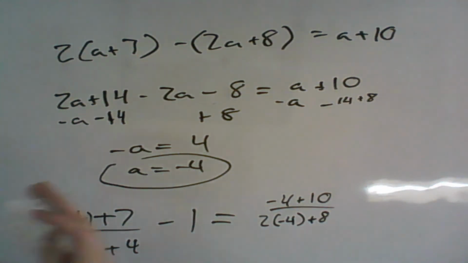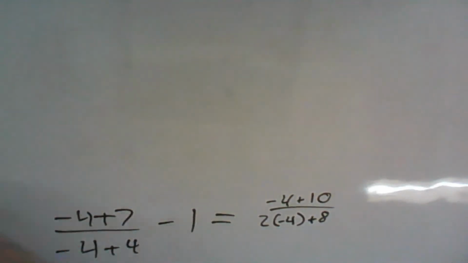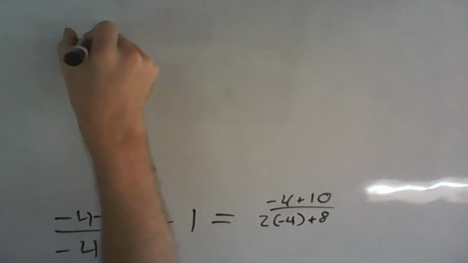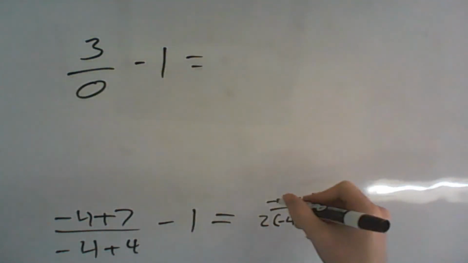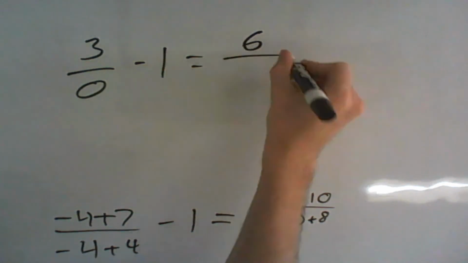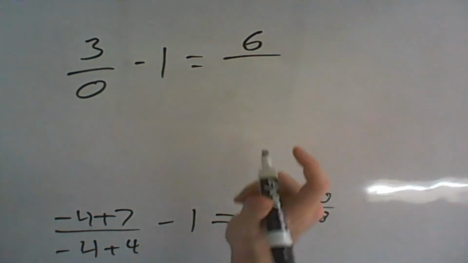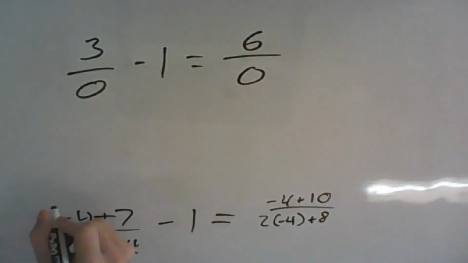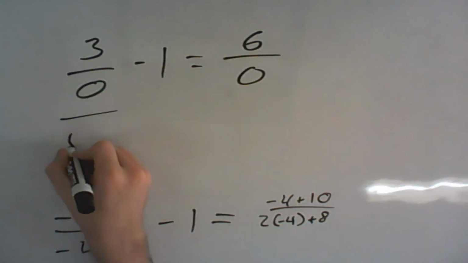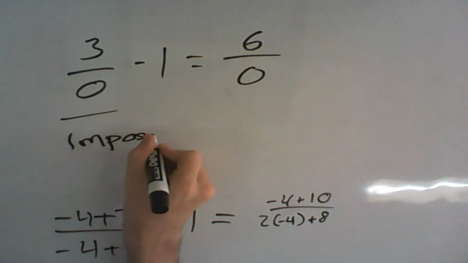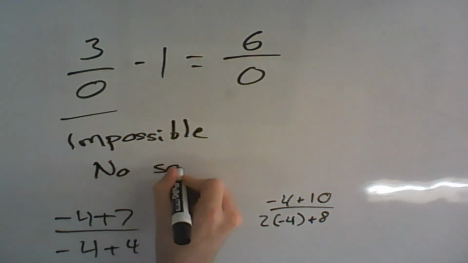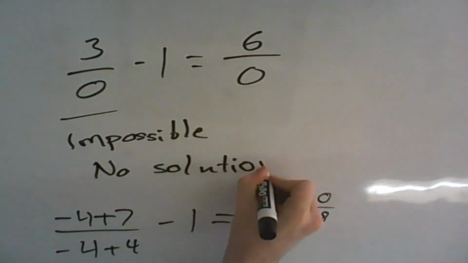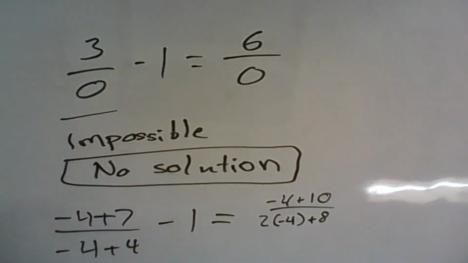Doing the math, we get 3 over 0. We could just stop there, but then this would be negative 8, so this would be 0 over here. We can't have this. Impossible. So we say no solution, and we box our answer. Okay, no solution. And that is 1b.